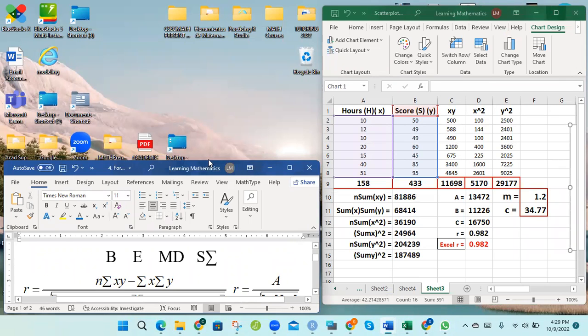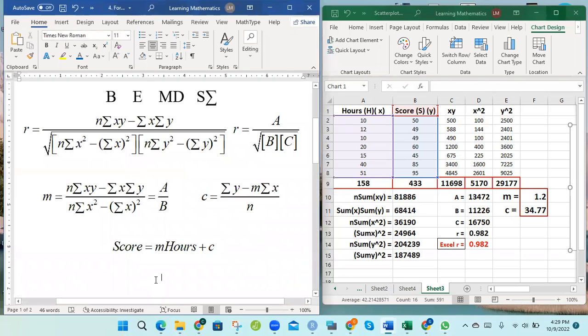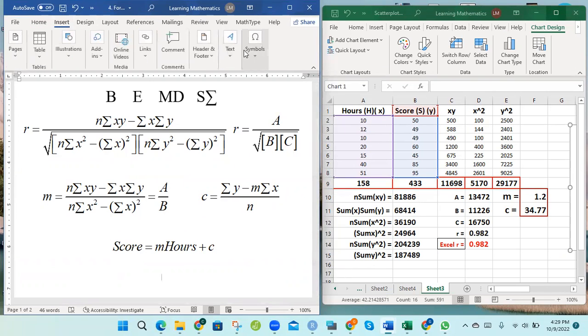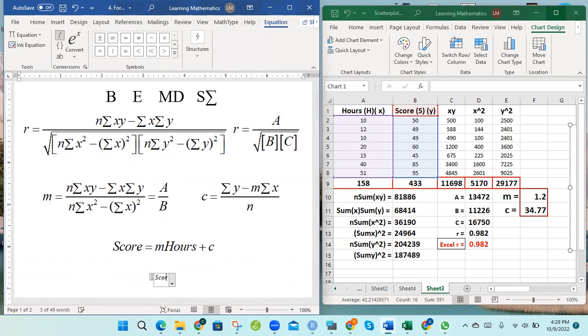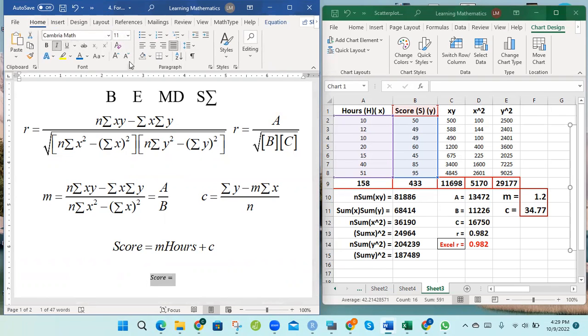So score is equal to the gradient, the slope, which is 1.2, times hours.